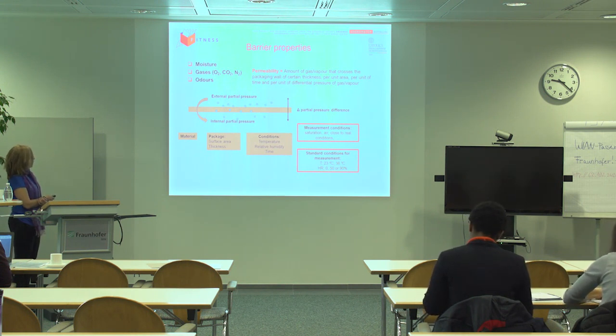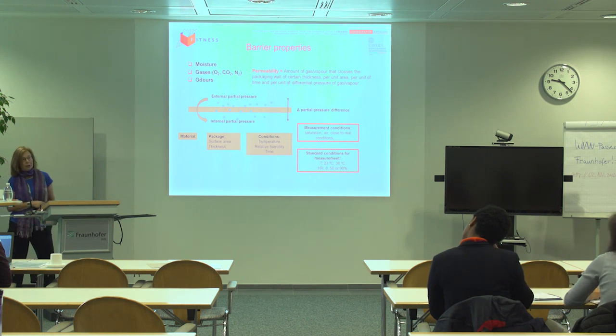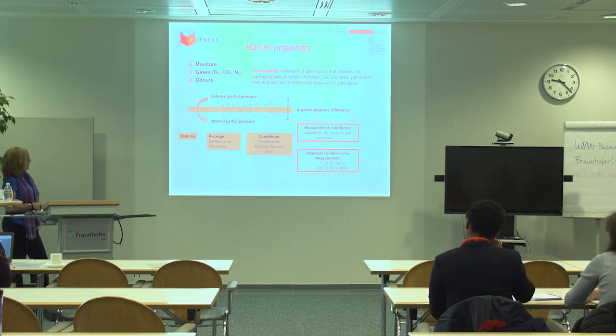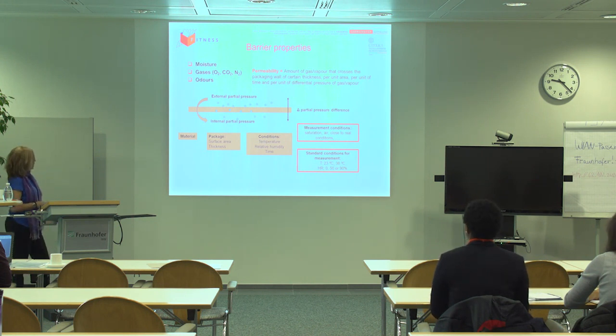So we have components that influence our barrier properties: the material itself, the surface area. If we have a larger surface area, the amount of permeant is higher. The thickness of the material. If we have a thicker material, the barrier is better. And we also need to take care of the conditions of temperature, relative humidity, and time.